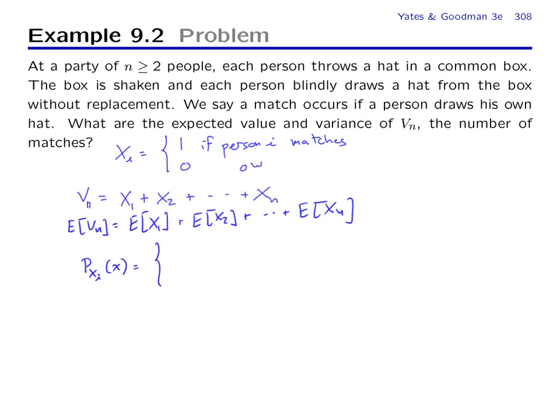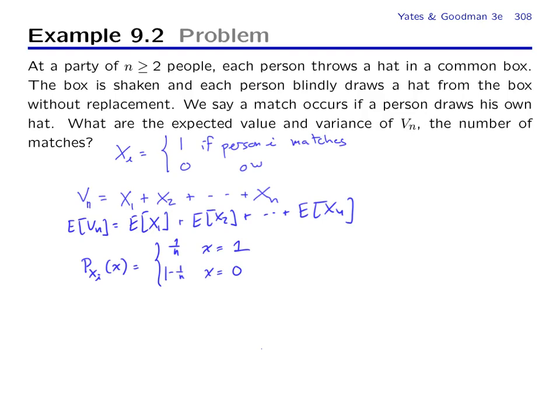Before any hats are drawn, it should be obvious from symmetry that person i is equally likely to draw any hat from the box. So there's a probability 1 over n that person i draws their own hat. With probability 1 minus 1 over n, person i draws somebody else's hat, and in that case, xi is equal to 0.